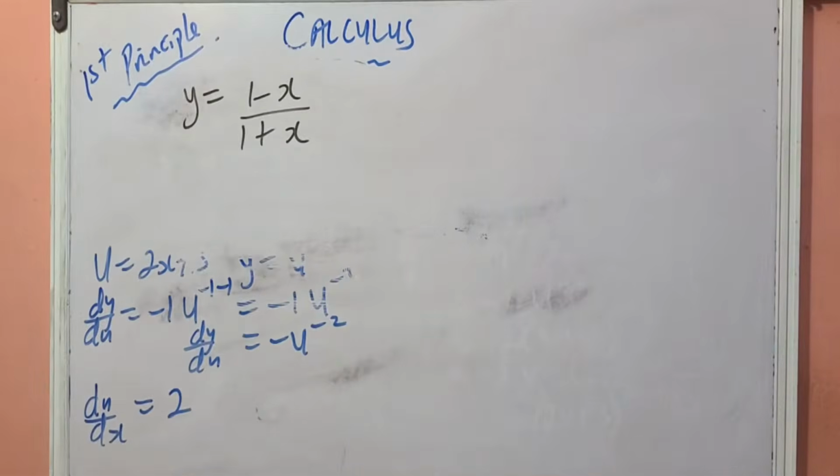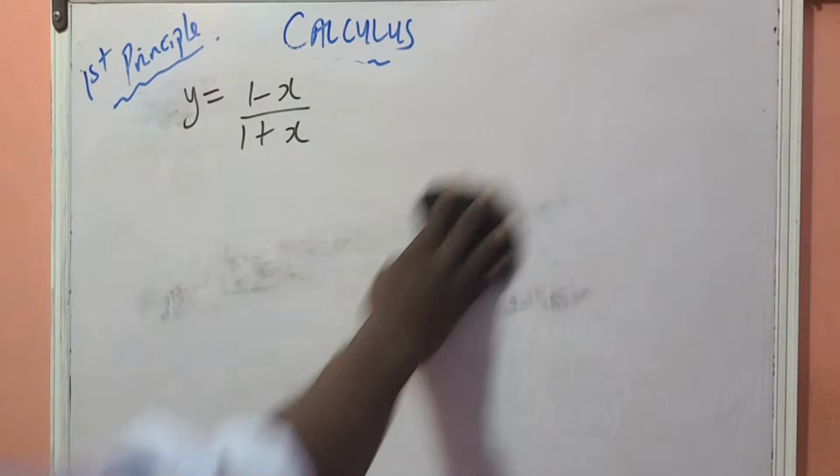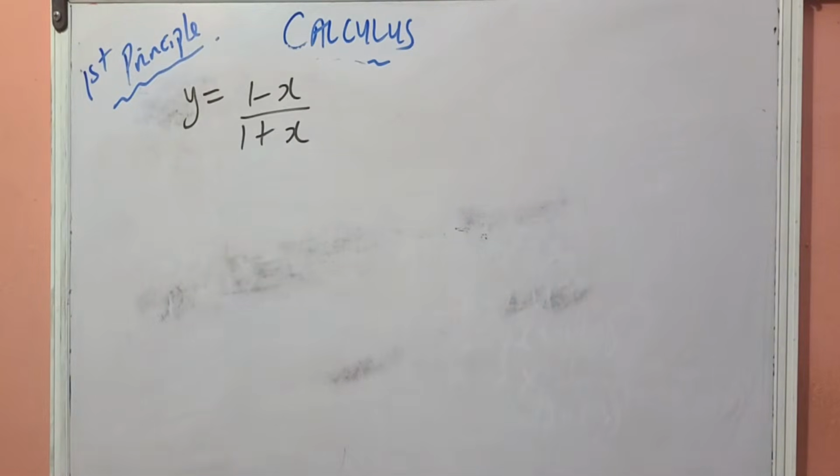The major thing is to just follow the steps and you cannot go wrong. So let's try and do this following the steps, and let's see where we're going to get to.